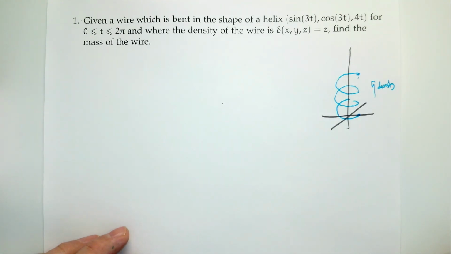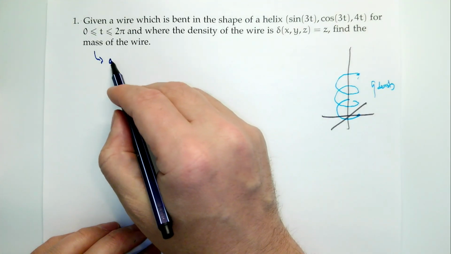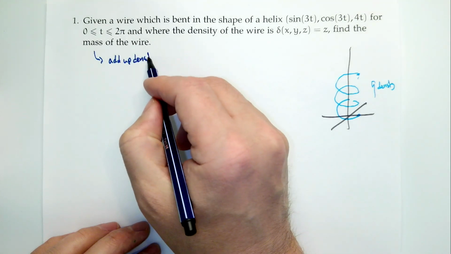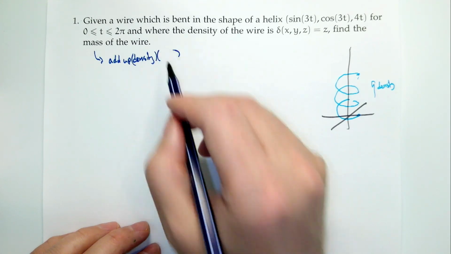So our goal is to say, well, what's the mass? Whenever you're looking for mass, you always have the same formula in the back of your head. So the way we find mass is we add up density. And, well, really add up density times the proper measurement.